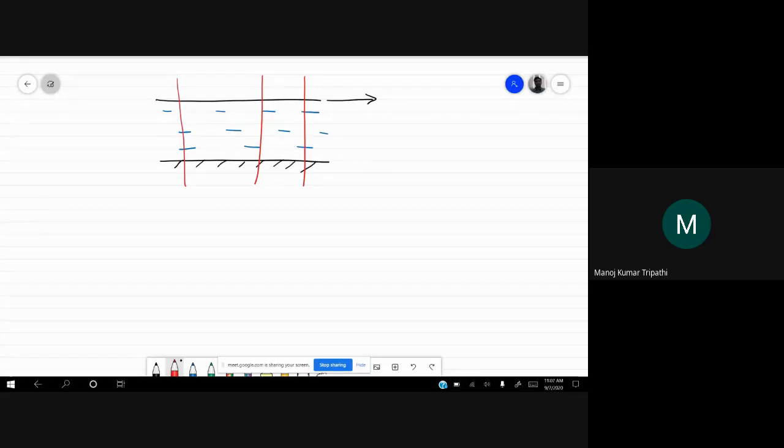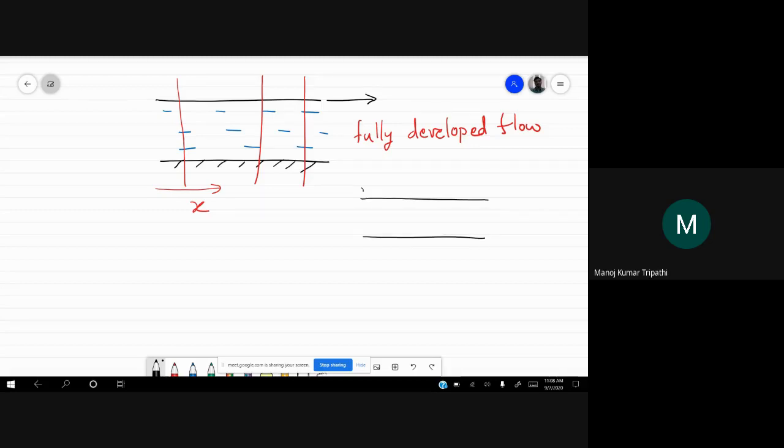So this is a steady flow, and for infinitely long plates, it is also known as fully developed flow. In the x direction, the flow is not developing anymore, or it is not changing, as opposed to, let's say, you have a channel which starts from this position.